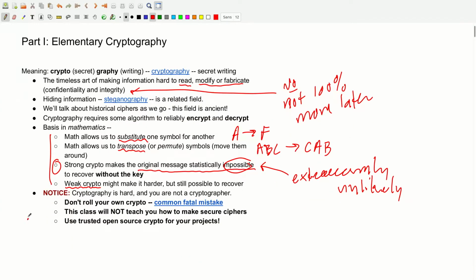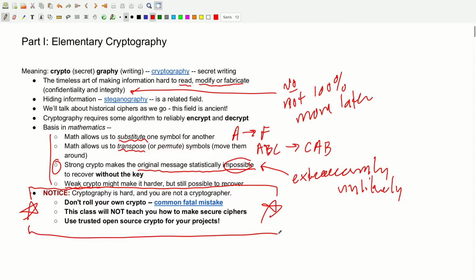This is very important. Cryptography is hard, and you are not a cryptographer. I'm not a cryptographer either. It's not my area of research. Do not make your own cryptographic algorithms that you use for something meaningful. If you want to make crypto algorithms for fun and try them out with your friends, that's awesome.